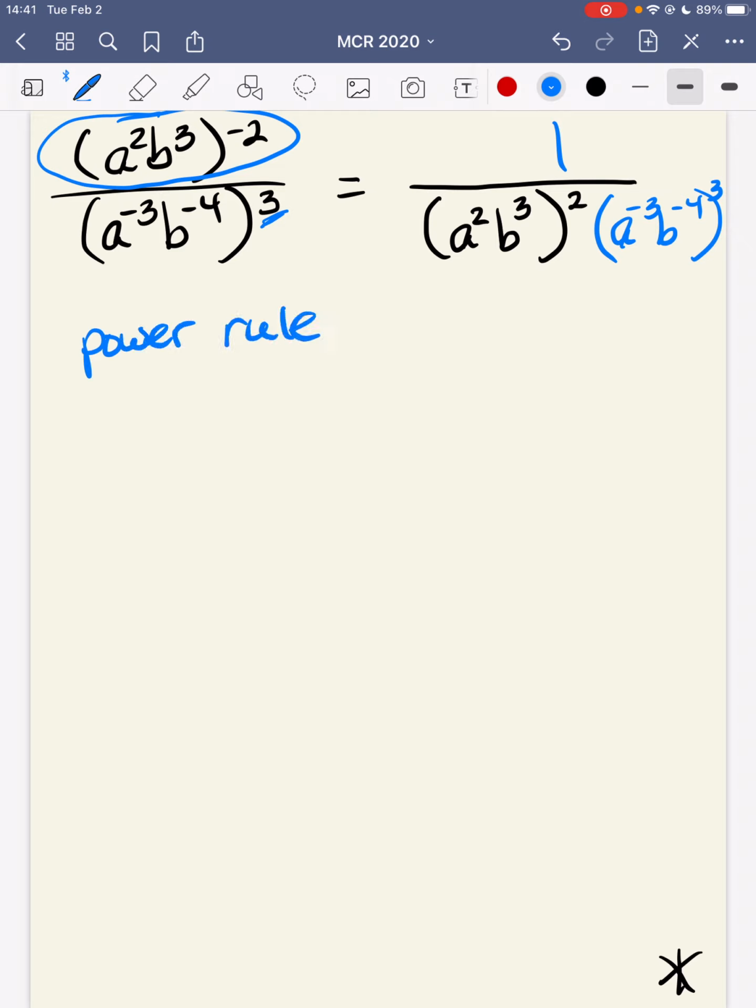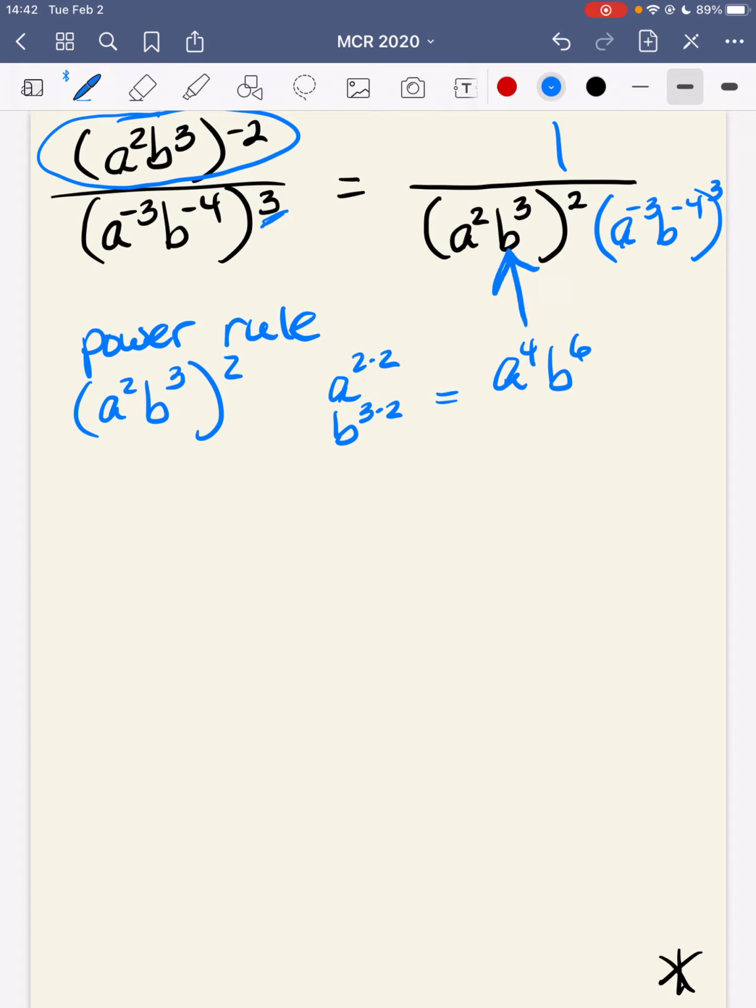And sometimes it's helpful to work them out separately. So I have a squared, b to the third, squared. So I have a to the 2 times 2 and b to the 3 times 2, which will give me a to the 4th, b to the 6th. That's this right here.